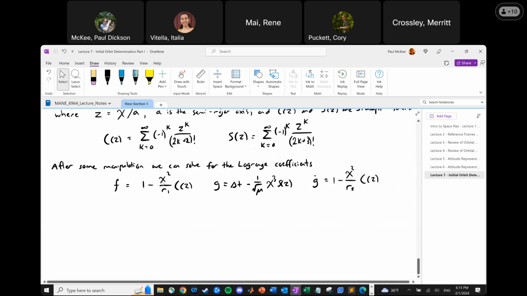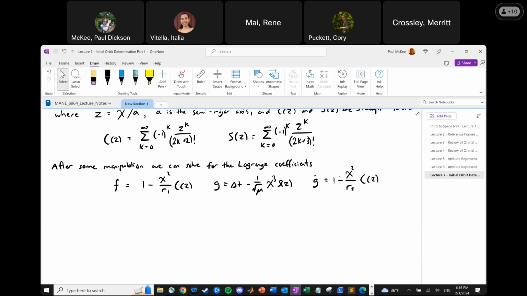So what this means is, if we know chi and if we know Z, then we can evaluate the stump functions and solve for F, G, and G dot. Okay, so this is starting to come together.